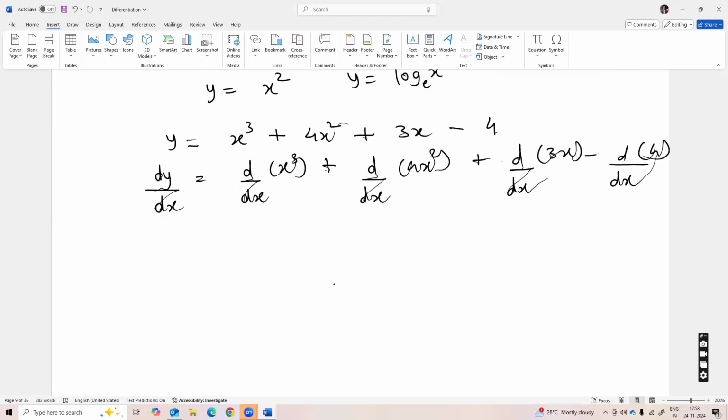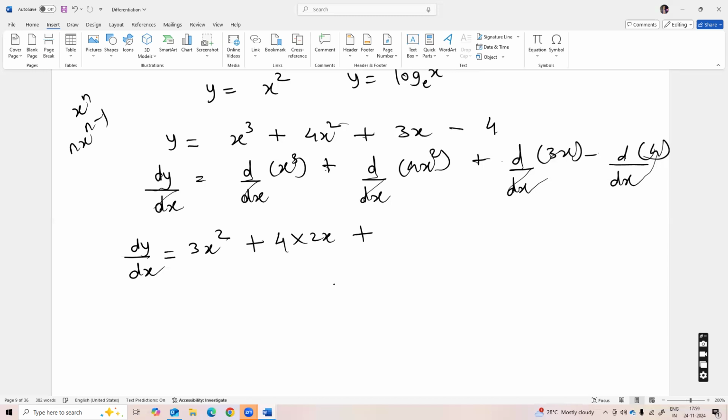So here in this case, dy by dx can simply be given as: for x cube, what will be the derivative? As we have seen, for x to the power n, it is n x to the power n minus 1. So for x cube, it is 3x square. Plus, for 4x square, 4 will come outside since it is a constant, and for x square, it is 2x.